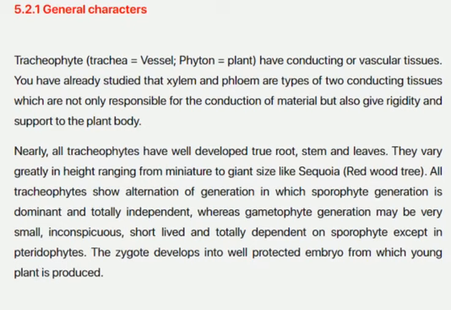A very important point of tracheophytes is that it shows alternation of generation. In these tracheophytes, sporophyte generation is dominant and totally independent, whereas in bryophytes gametophyte generation was dominant or totally independent.